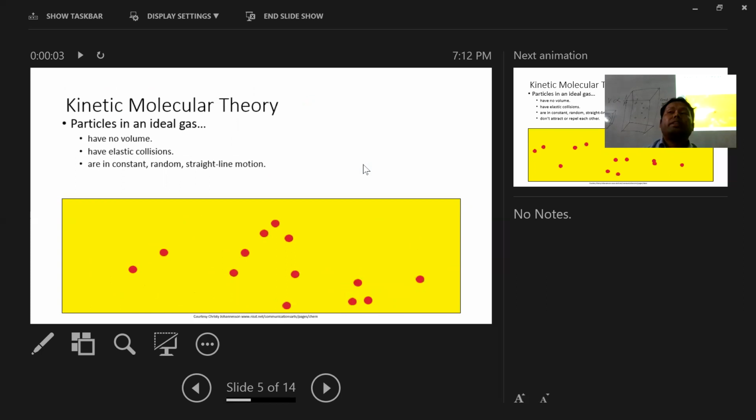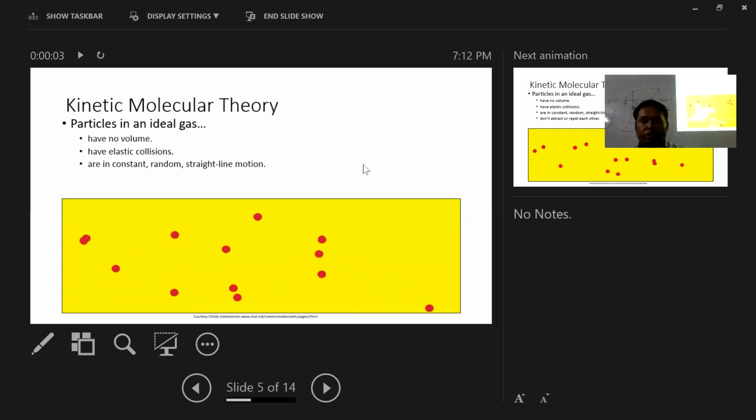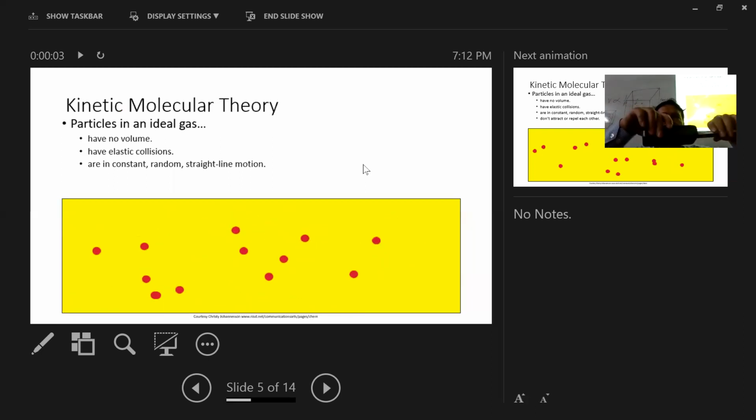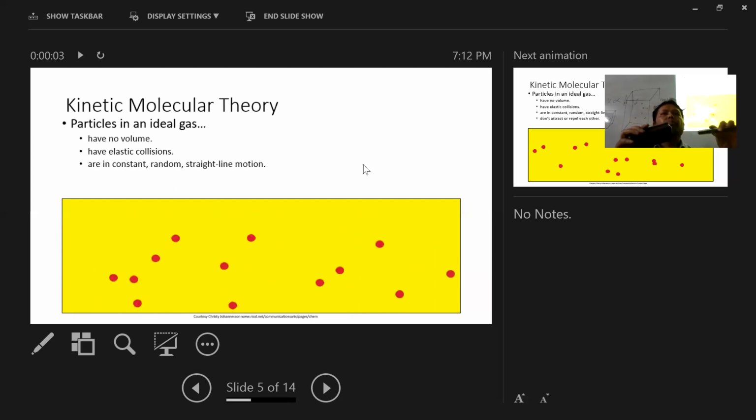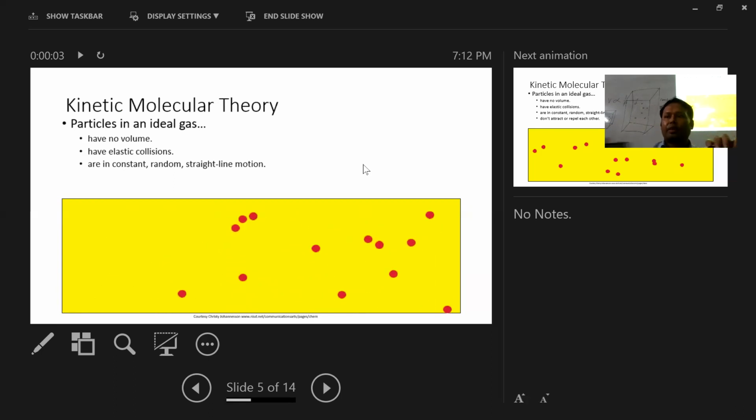All the kinetic molecules are in constant random straight line motion. Constant, that means the velocity will always be the same. But have you ever seen that when two vehicles collide with each other, then depending on their mass and velocity, one will go very far away, another can keep the same position.